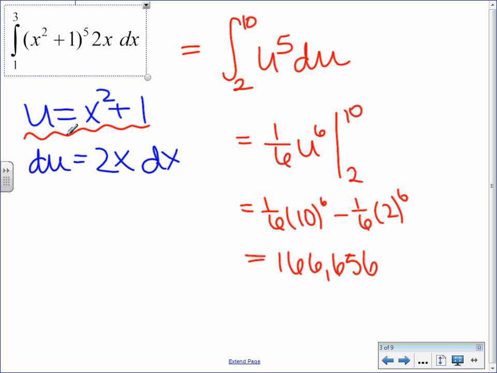So now our limits of integration are in terms of u. That way when we get here, I can leave it as u. I do not care which way you do this, whether you change it back to x and keep your original limits of integration to evaluate, or you change your limits of integration to use u and evaluate that way. You can decide what you are more comfortable with. Both ways are fine.